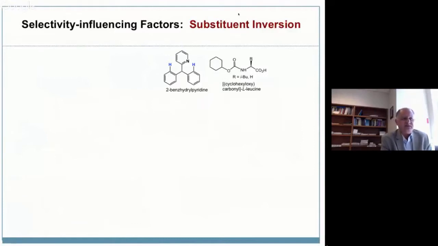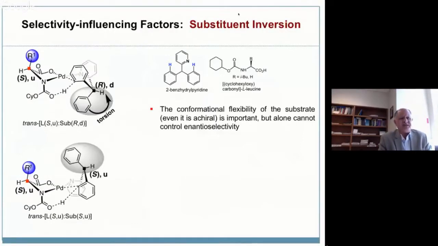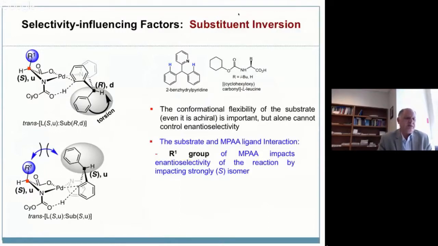For this, we found that one important factor is conformational flexibility. But this is not the only one. Another important factor is the interaction between ligand and substrate, which could differently impact the transition states for R stereoisomer formation or S stereoisomer formation.